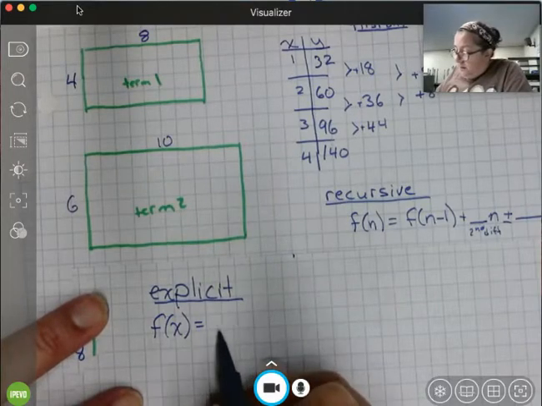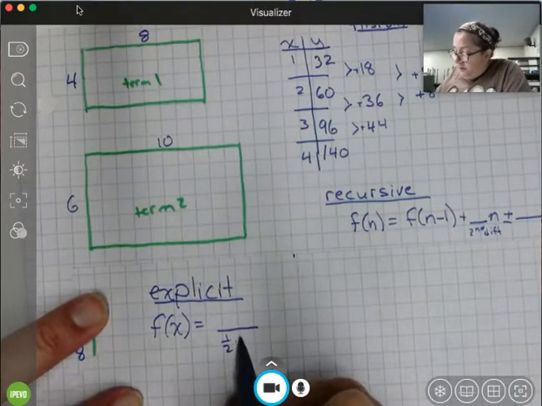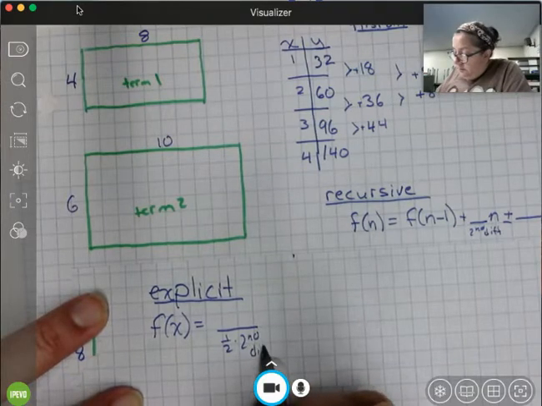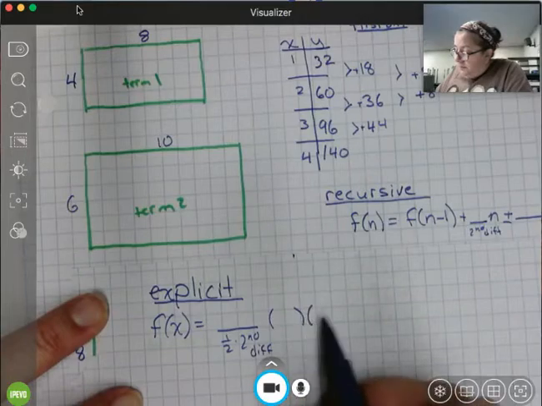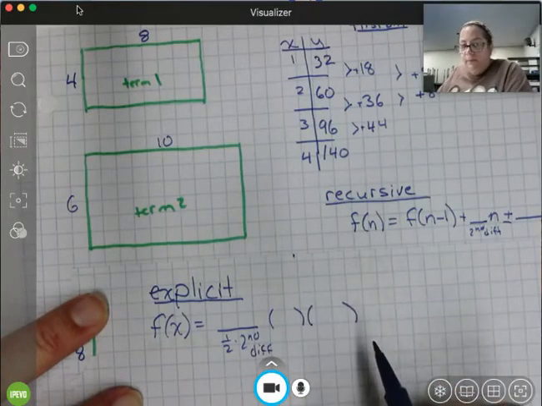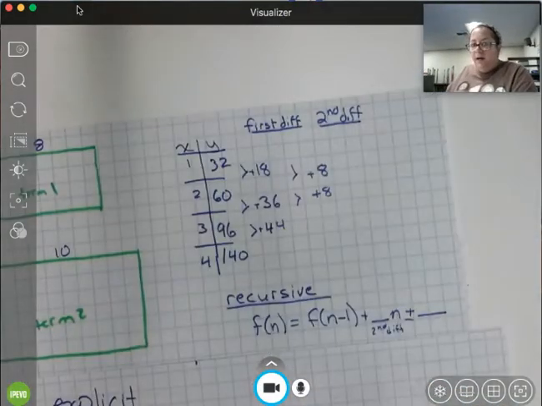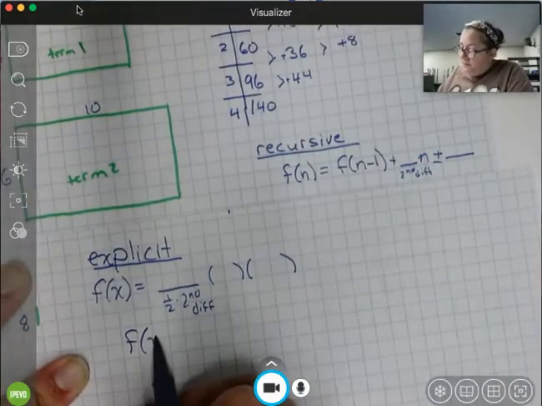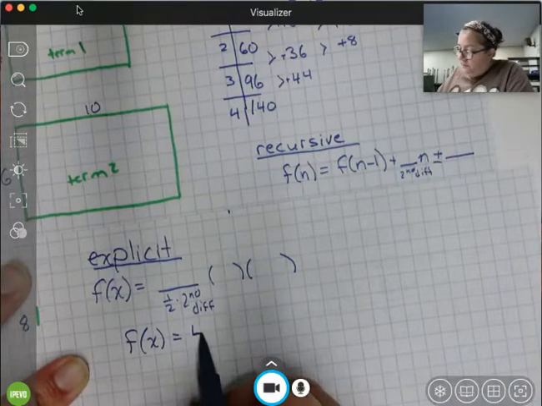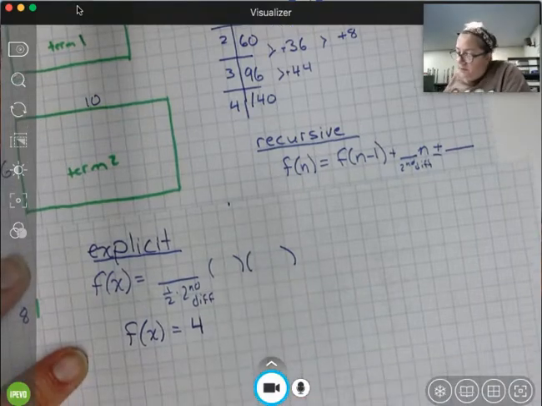And then it's going to have 1/2 times the second difference, and then a couple other factors. So we know that 1/2 times our second difference is going to be 4. So we already know that we're dealing with something with 4 here, and then a couple other factors.